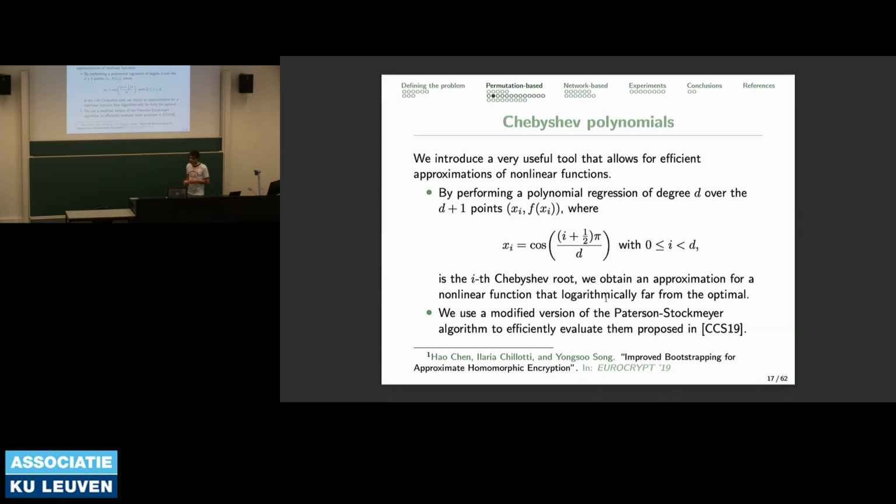This means that we can easily use these Chebyshev polynomials, they are not the best, but we can compute them pretty easily. Also, if we define polynomials in the Chebyshev basis, with respect to the power basis, we have coefficients that will not explode or vanish. So they are very convenient. And also, we have a very nice adapted version of the Paterson-Stockmeyer algorithm to evaluate them under CKKS with low level consumption. So they are nice.